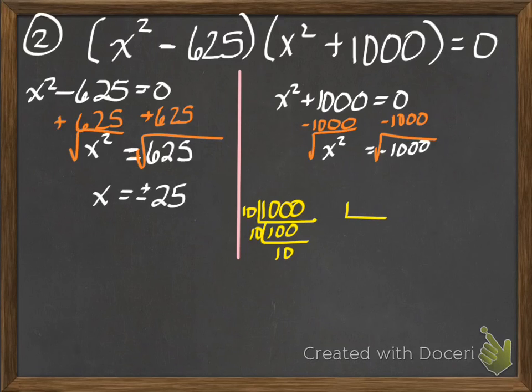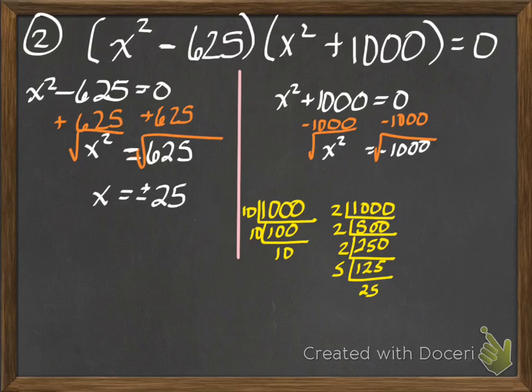If you did it the other way, just a reminder in case someone needs to see it the other way, we divide it by 2, giving us 500. Divide it by 2, which gives us 250. Divide it by 2, gives us 125. Divide it by 5, excuse me, gives us 25.